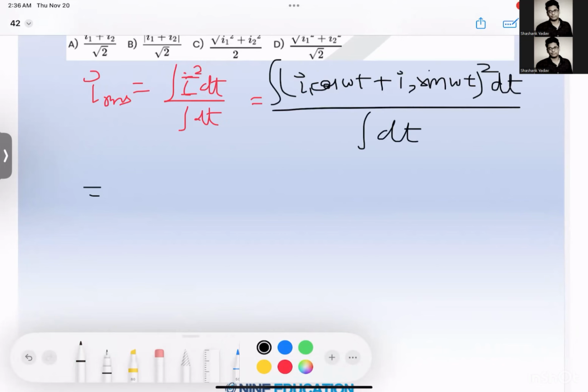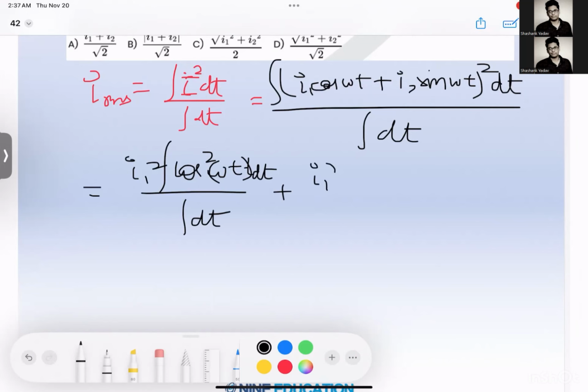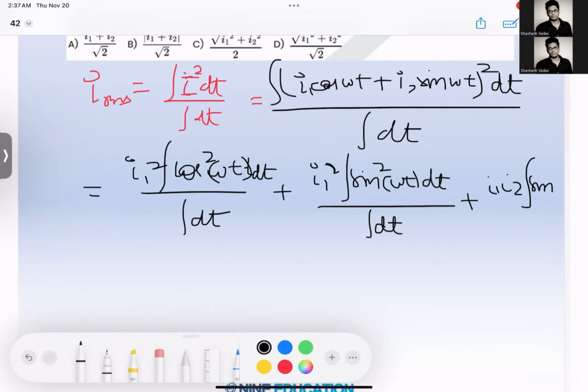This whole expression can be written as I1 square integration cos square omega t dt by integration dt, plus I2 square integration sin square omega t dt by integration dt, plus I1 I2 integration sin of 2 omega t dt by integration dt.